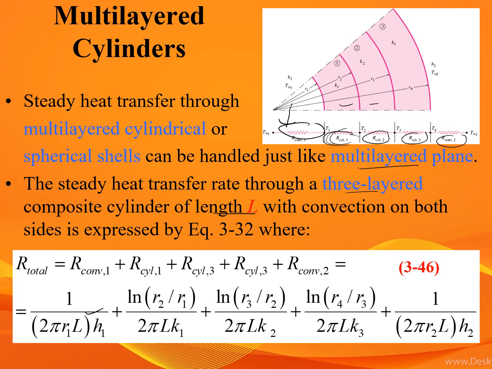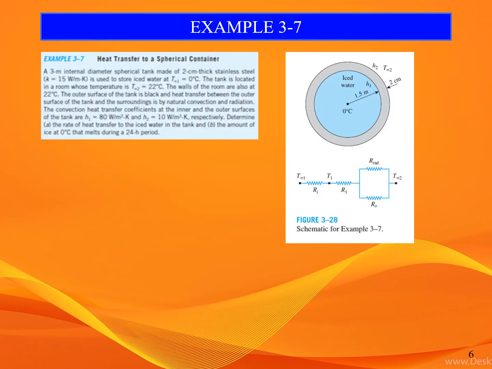For cylindrical conduction, we use the formula that we derived just now. The last one is 1 over HA also. Okay, now I will show example 3.7 on heat transfer to a spherical container, and then we will continue with the heat loss through an insulated steam pipe.